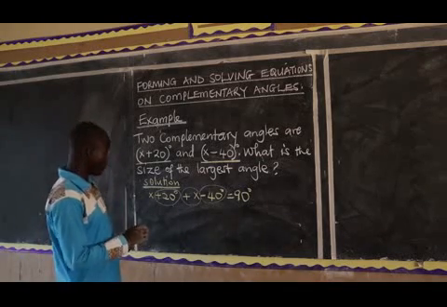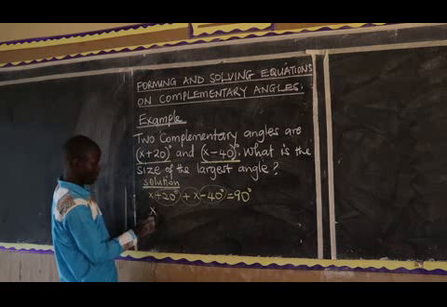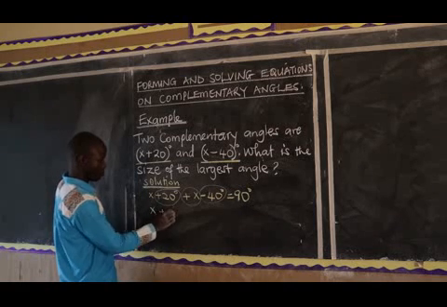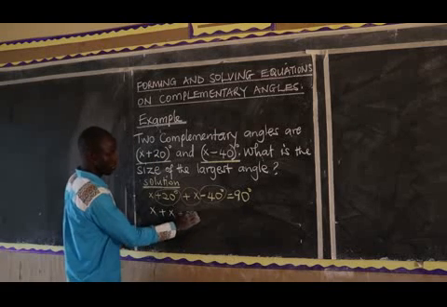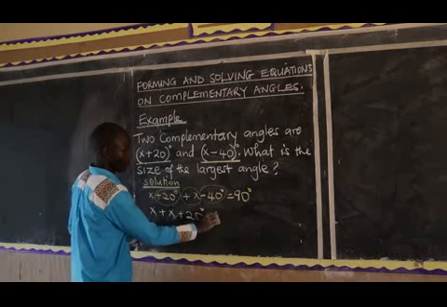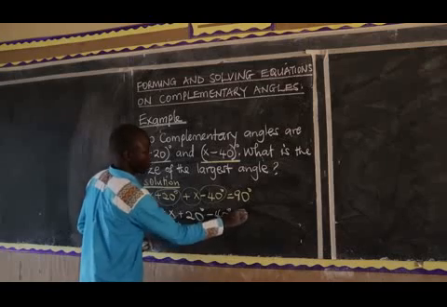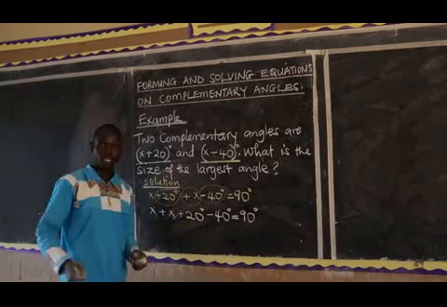Therefore, our next step will be x plus x plus 20 degrees minus 40 degrees is equal to 90 degrees.